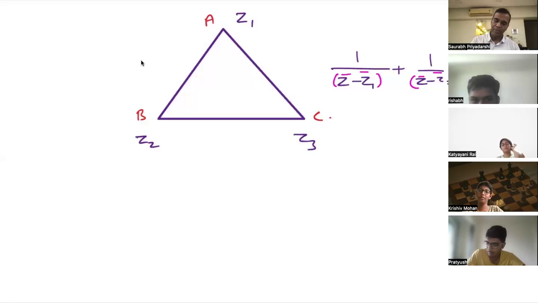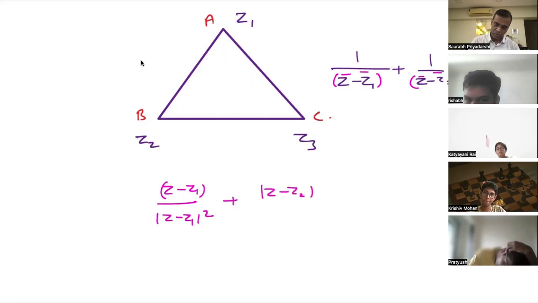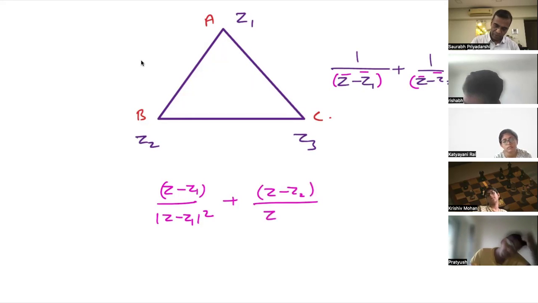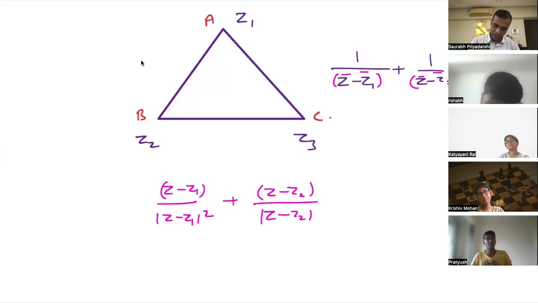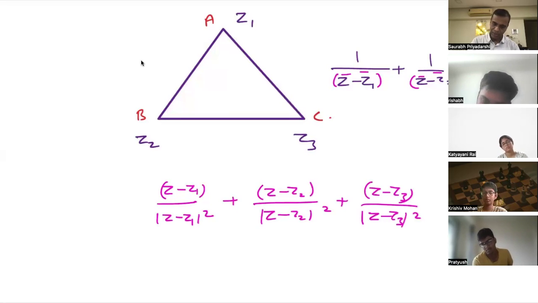Now, multiplying with z minus z1, the denominator will be mod square of z minus z1 plus mod square of z minus z2 plus mod square of z minus z3 is equal to 0.